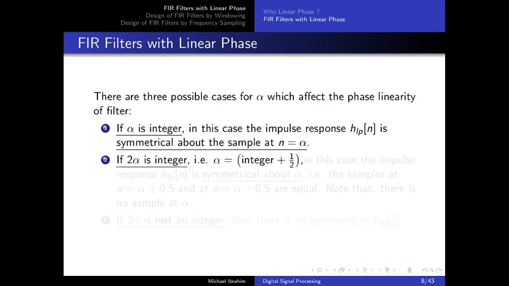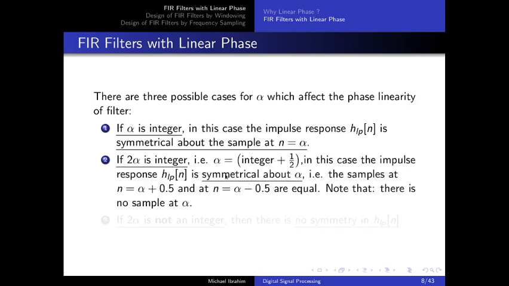The second case, if 2 alpha is an odd integer, in other words, alpha is equal to integer plus half, in this case the impulse response will be symmetrical about alpha, i.e. the sample at n equals alpha plus half is equal to the sample at n equals alpha minus half. But there is no sample at alpha itself because alpha is not an integer, it's integer plus half. And if 2 alpha is not an integer, in this case there is no symmetry in the impulse response.